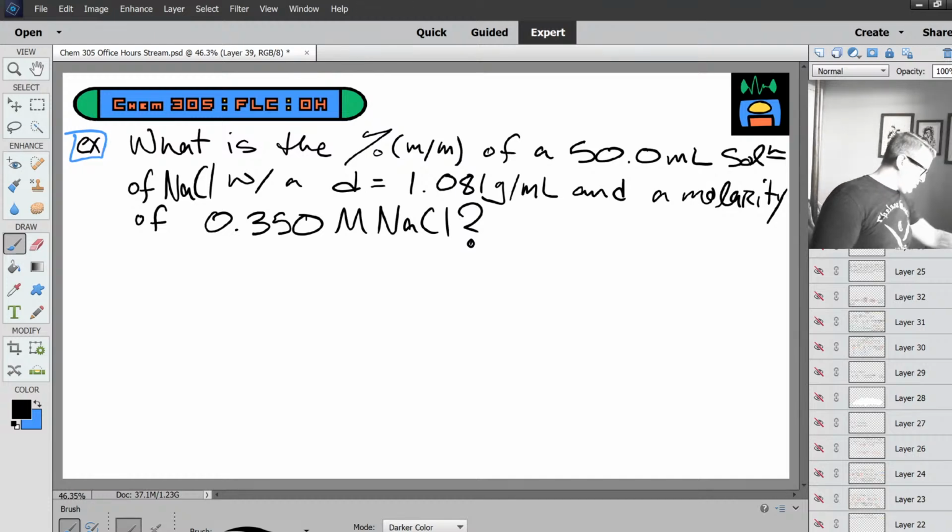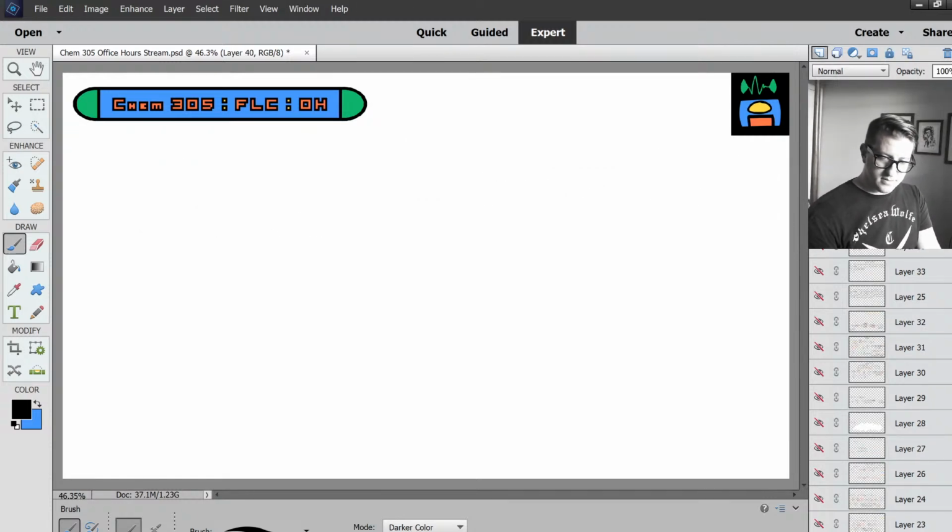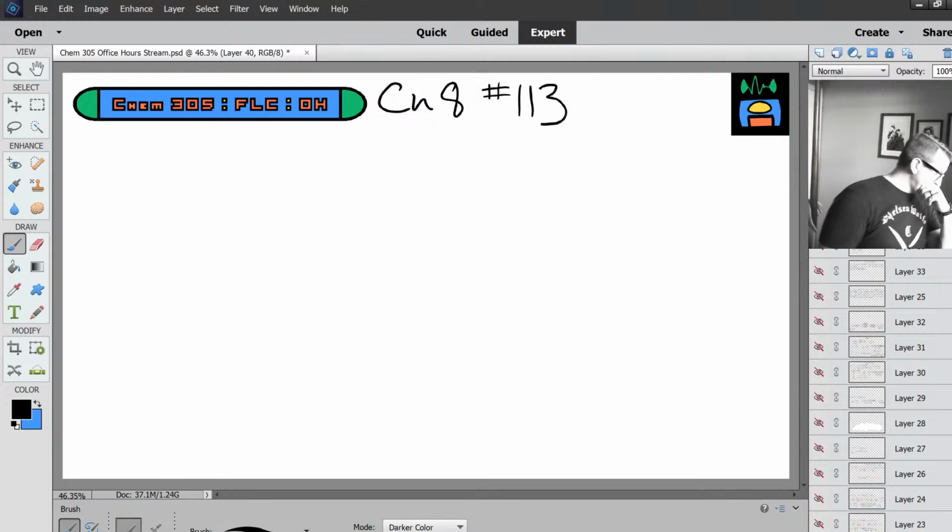Let's do number 113 and 117 from chapter 8. Consider two solutions, A and B, separated by an osmotic semi-permeable membrane that allows only water to pass through.